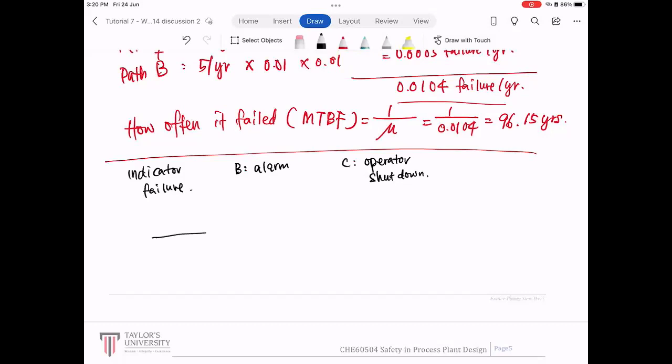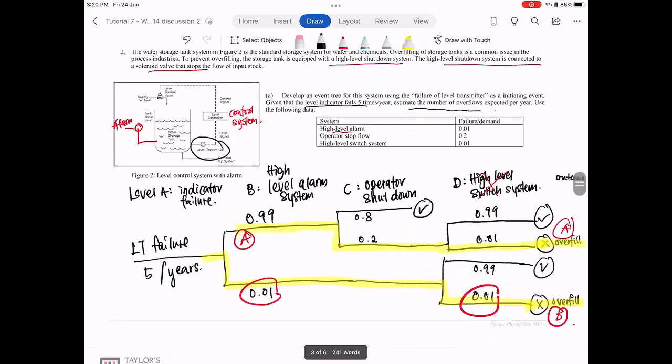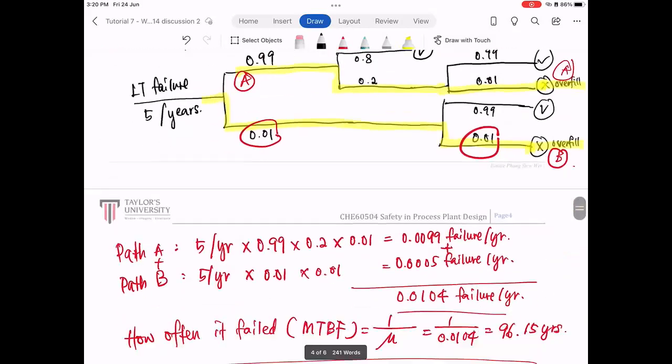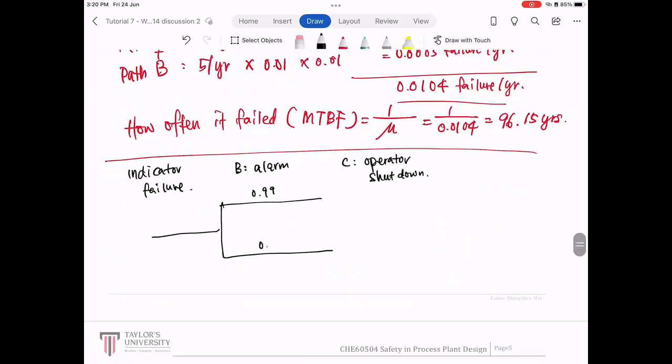So now the alarm rang 99% of the time. Like what is being said here, failure is 0.01. The failure here is, sorry, 5 times a year.